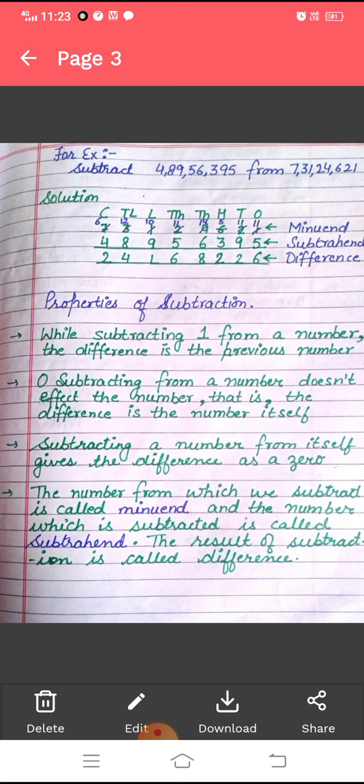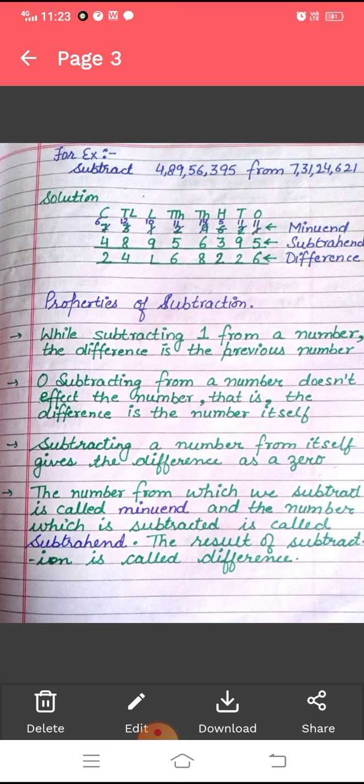We cannot subtract 9 from 1, because 9 is the bigger number and 1 is the smaller number. So we make it 11 by borrowing 1 from the next column. 11 minus 9 is 2. Then we will cut 6 and make it 5, because we have given 1 to the tens column.